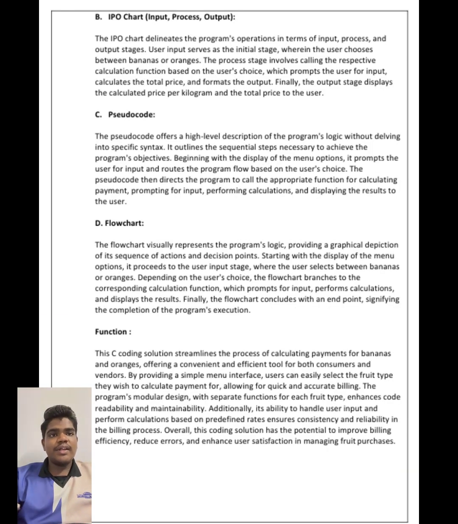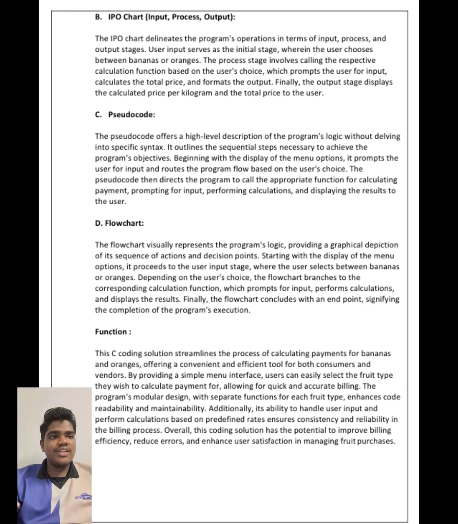Okay, the second is the IPO chart, or we can also call it input, process and output. The IPO chart defines the program's operation in terms of input, process and output stages. User input serves as the initial stage, where the user chooses between bananas or oranges.